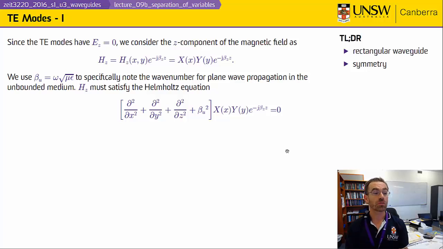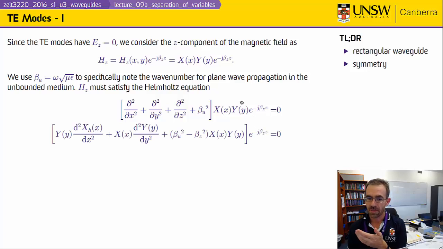I can now substitute in my assumed form for h, and we'll see what the differentiation produces. I replace h sub z with my product of three separate functions, and then I pull things in. The partial derivative with respect to x only operates on the function capital X, and it's no longer a partial derivative, it now becomes a complete derivative, as we see here.